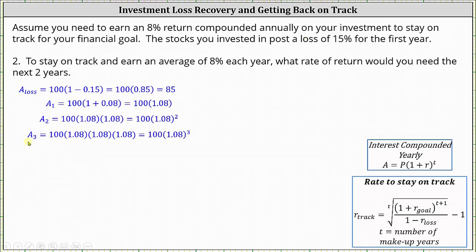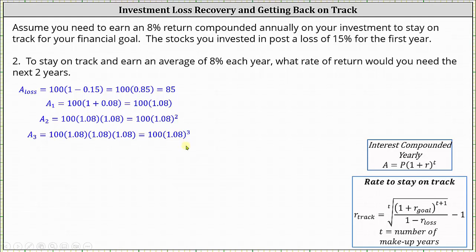This would be equal to A sub 3, which is equal to 100, the initial principal, times the quantity 1 plus 0.08, or just 1.08, raised to the power of t, where in this case t is equal to 3 years. Again, 3 years here because 1 year of loss and 2 years to get back on track.